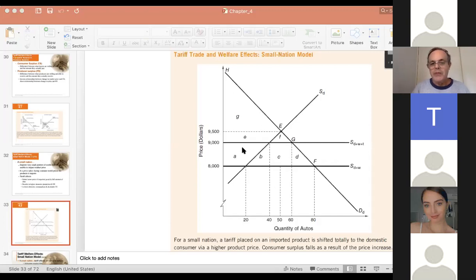And from here we know that the fall in consumer surplus will be equal to A plus B plus C plus D. Now, for each one of these, there is a special term that we use to define those areas. So area A is defined as the redistributive effect of the tariff.